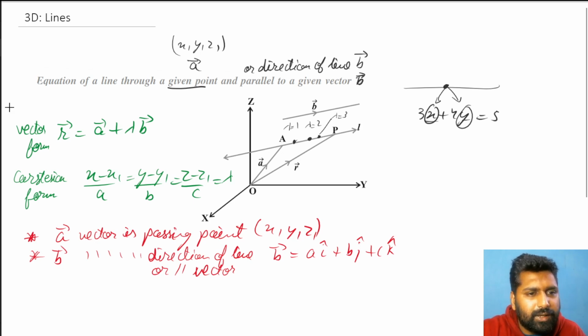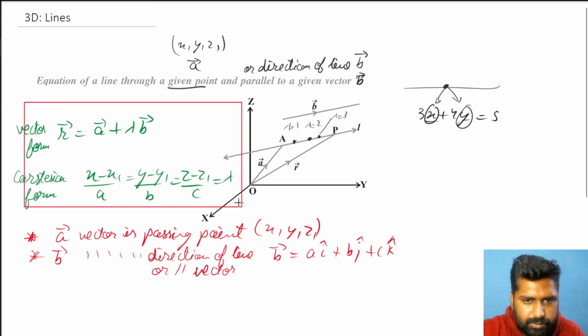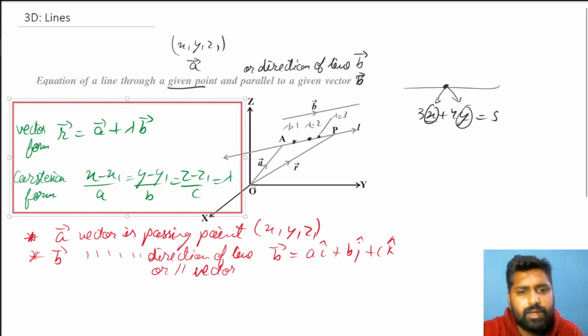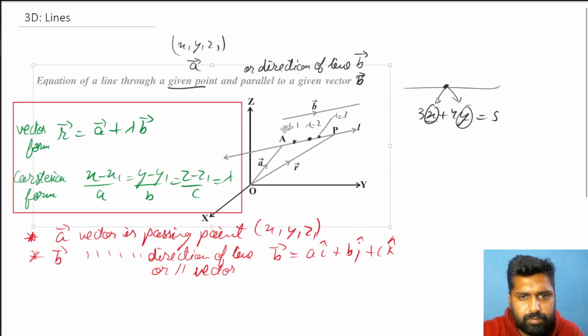It will be much more clear with the help of an example. So let's do a question. Let's solve one question. You'll be able to understand it much more clearly.